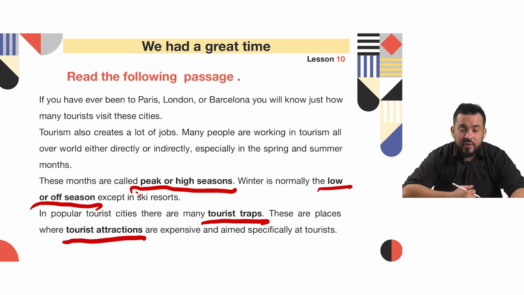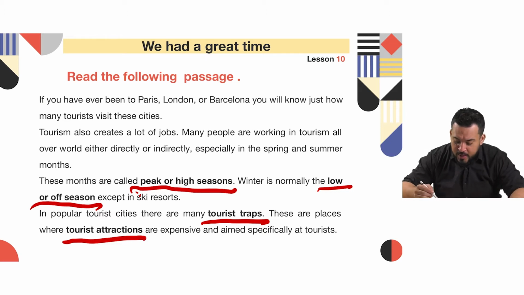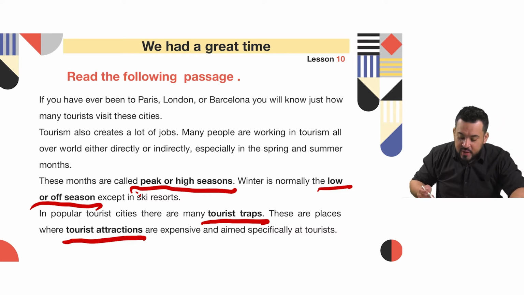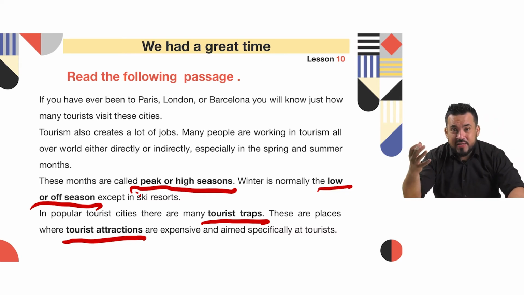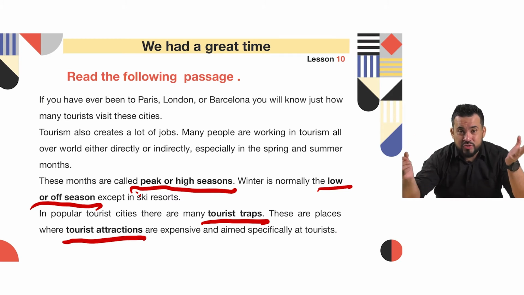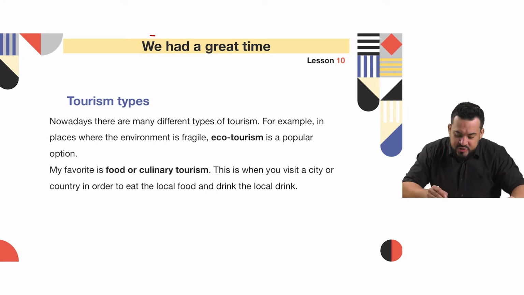That's why there is a season in those countries. Now, in popular cities, there are tourist traps. Tourist traps are places that attract a lot of tourists. They're also called tourist attractions, where everything is very expensive, and most tourists go there, and that's why it's called a tourist trap.